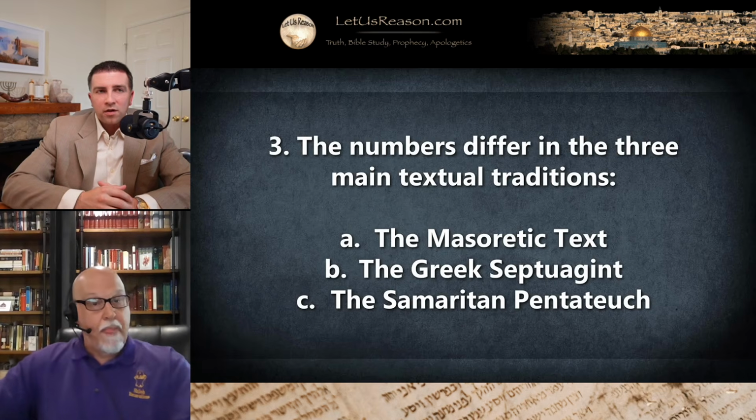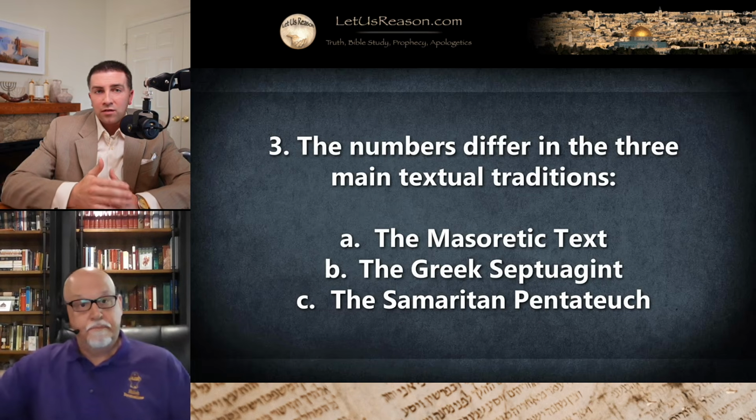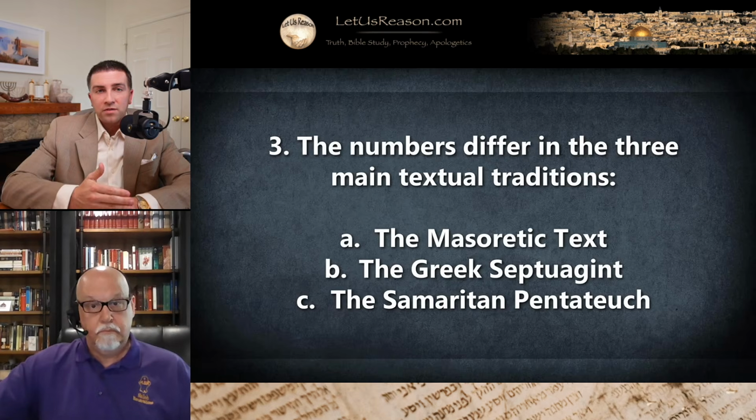Yeah, and Henry, I'm sure you're going to talk about this. I don't want to get too far ahead of you, but it's also highly relevant because archaeologists and historians have used these discrepancies between what we actually find in history and what we see in the dirt in archaeology versus what the Masoretic tells us. Or, in other words, the dates that are presented to us in our modern Old Testaments, which come from that tradition, which greatly differ from what the prevailing theories are about history in the world of academia.